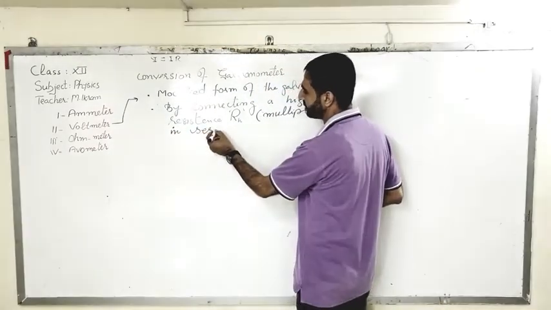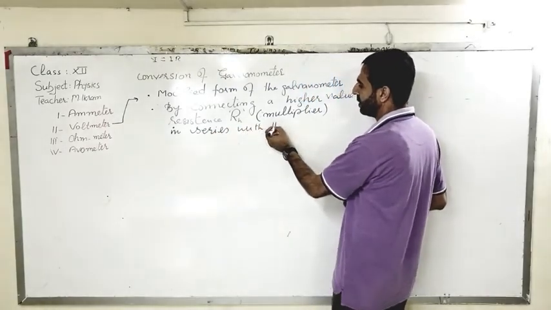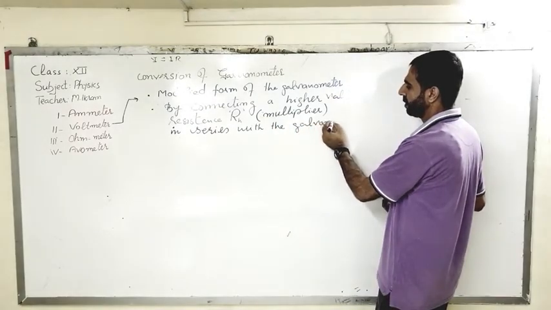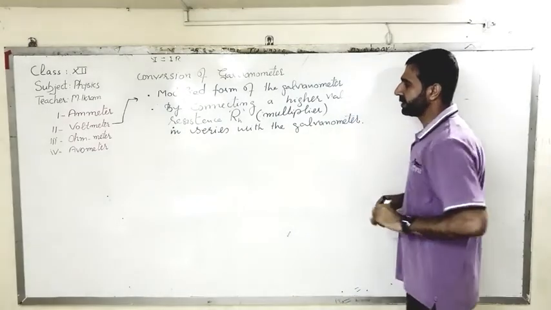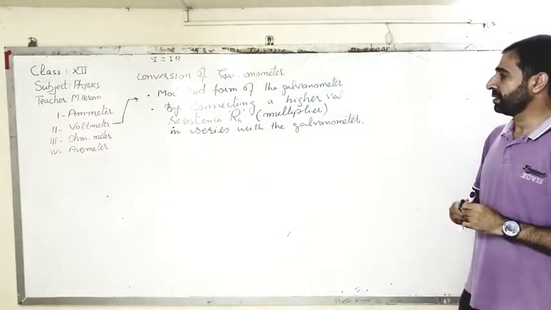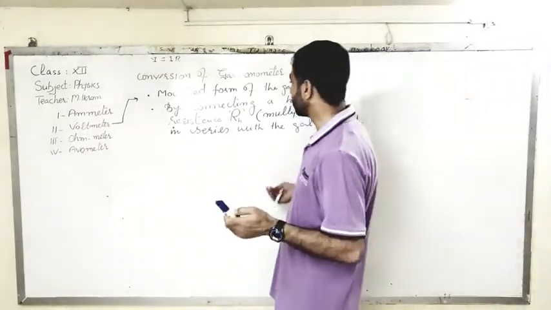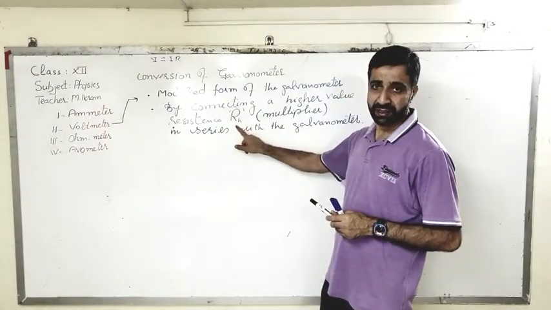Right, as shown in the diagram. Again, the same questions which you might ask: why a higher value resistance?